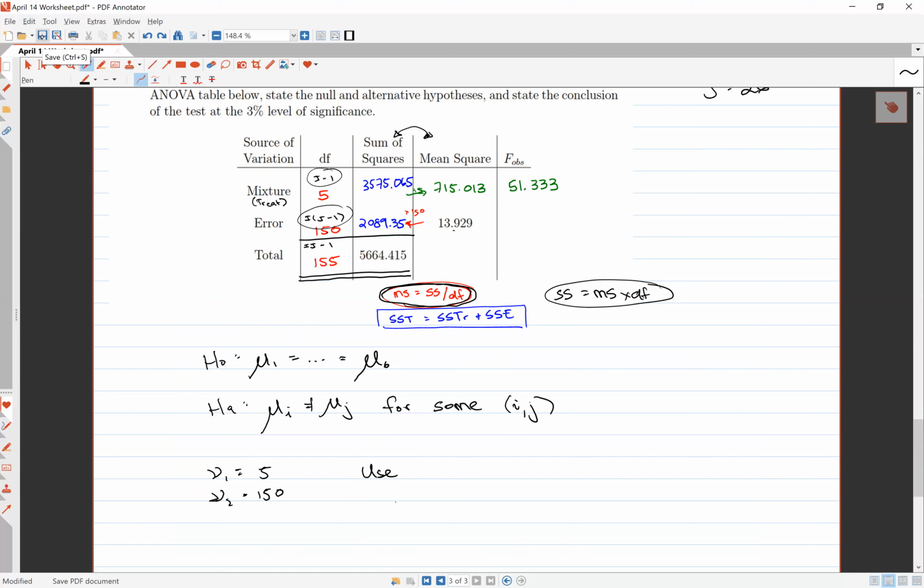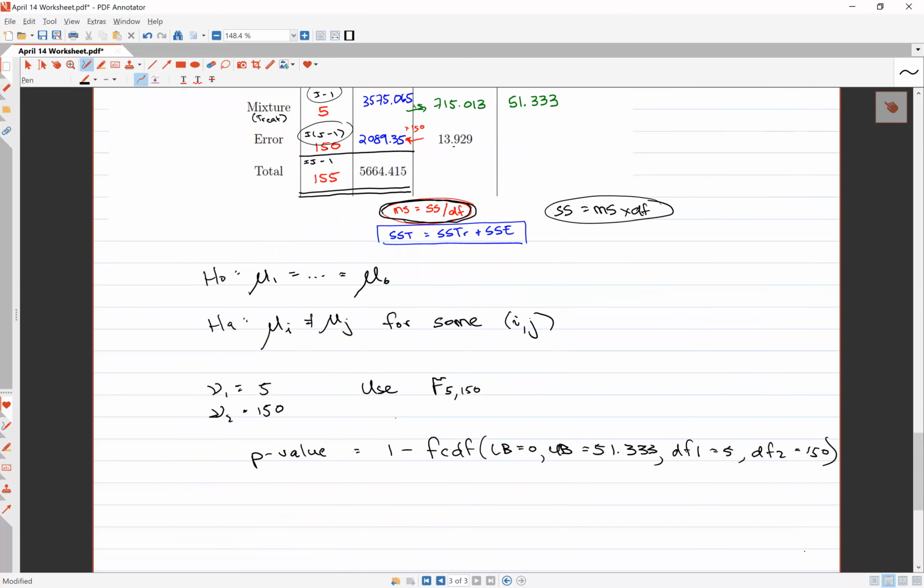So you can just pick them out of the table if you've constructed it. So we'll use an F distribution with 5 and 150 degrees of freedom. And so our p-value will be 1 minus the FCDF, lower bound of 0, upper bound 51.333, numerator degrees of freedom 5, denominator degrees of freedom 150.